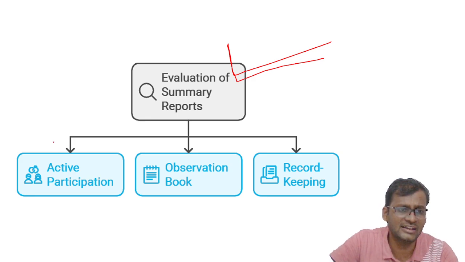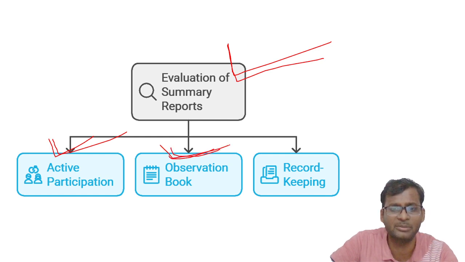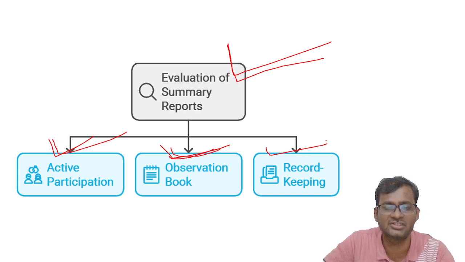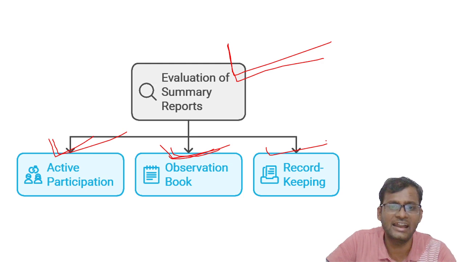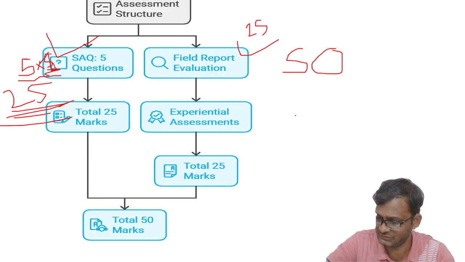The elements to be considered in the field evaluation are whether the PG scholar has participated actively or not, then the observation book, how they are mentioning their observations in their book, and how they are maintaining their record of that field visit or lab visit or lab instruments. These can be considered here and given for the assessment. So total 50 marks for this particular module.